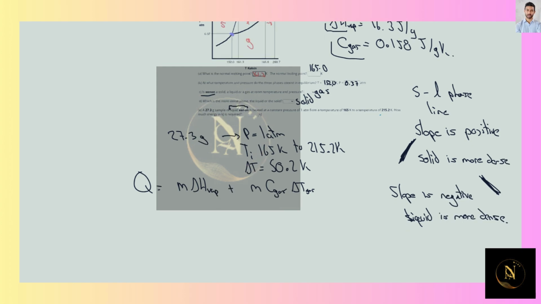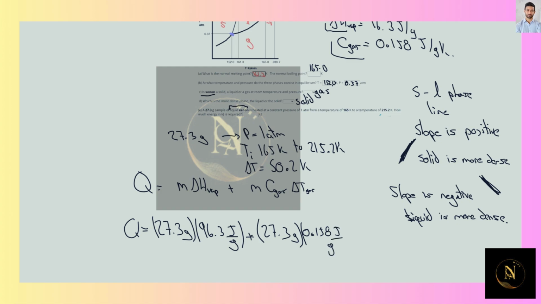So the heat required is going to be 27.3 grams times the delta H of vaporization of 96.3 joules per gram plus 27.3 grams times the heat capacity of the gas, 0.158 joule per gram Kelvin, times the delta T for the gas, which is 50.2 Kelvin.